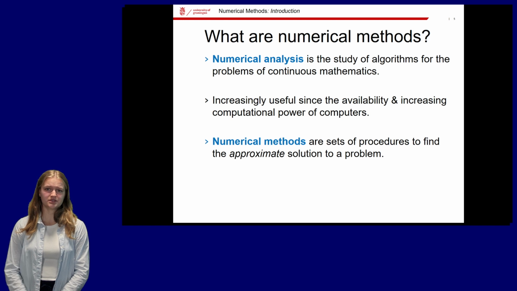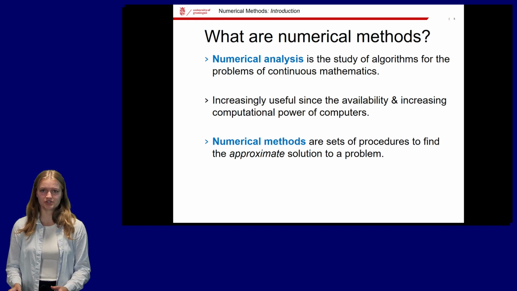So numerical methods are sets of procedures to find the approximate solution to a problem. Here a keyword is the approximate solution.